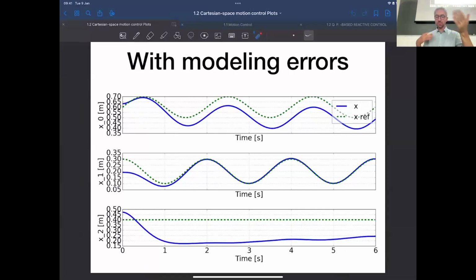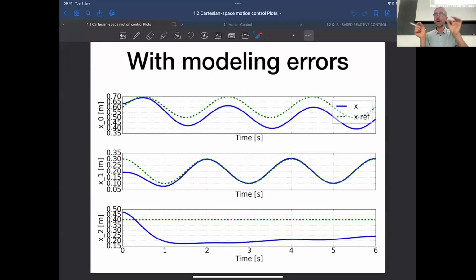Now, if I start introducing modeling errors in my simulator, which is always a good idea to test the robustness of your controller. And I think that here by modeling error, what I did was to change a bit the inertial parameters of the robot. So the masses, the center of mass, the inertia matrices of every link.